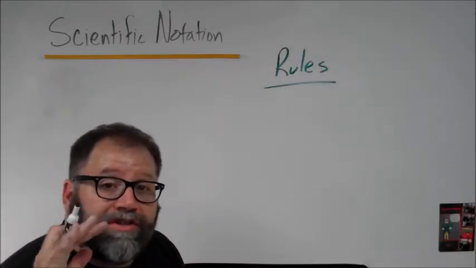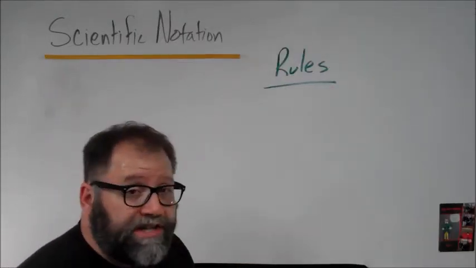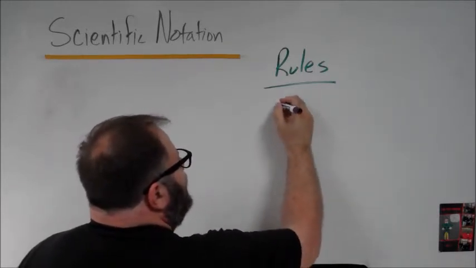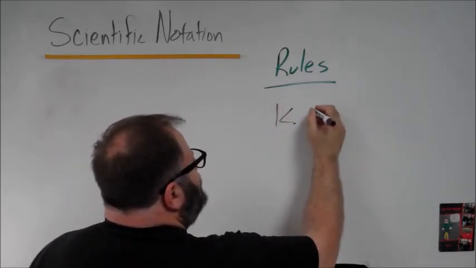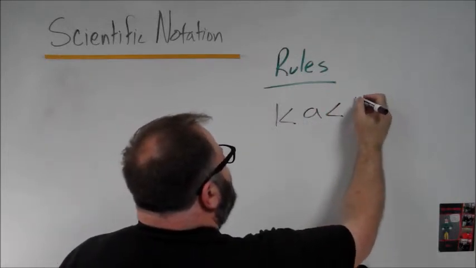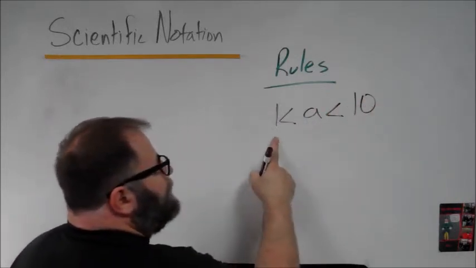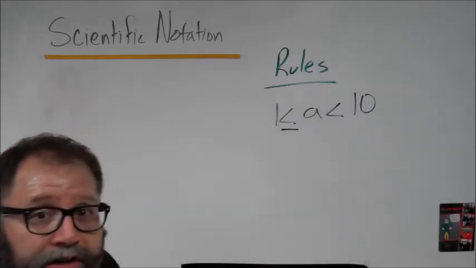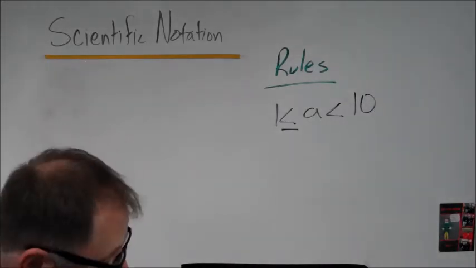Okay, last thing, let's look at rules for scientific notation. Don't forget that the number that we represent here must be greater than or equal to 1 and less than 10. So that's our base number, that's at the beginning.